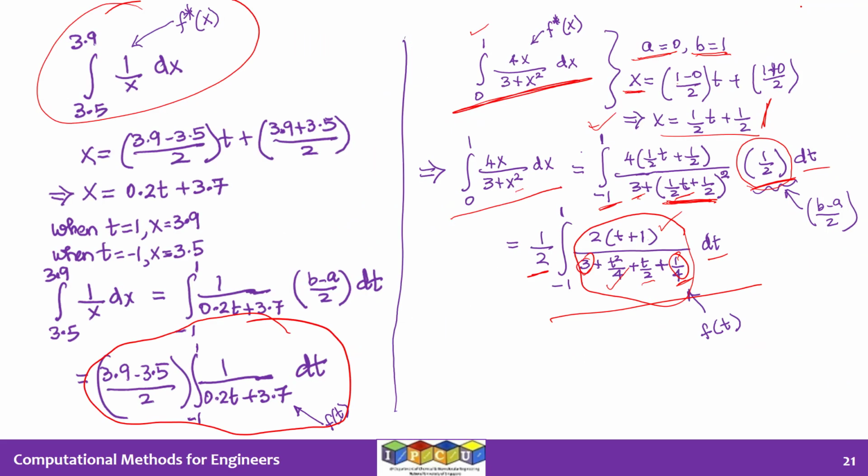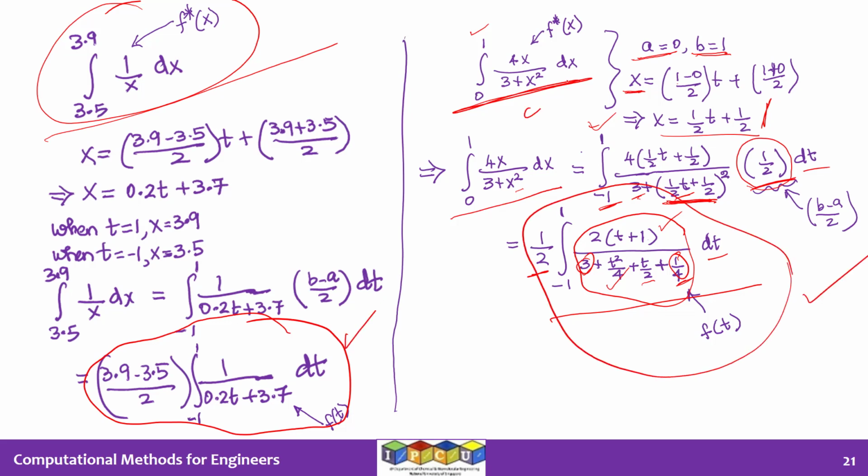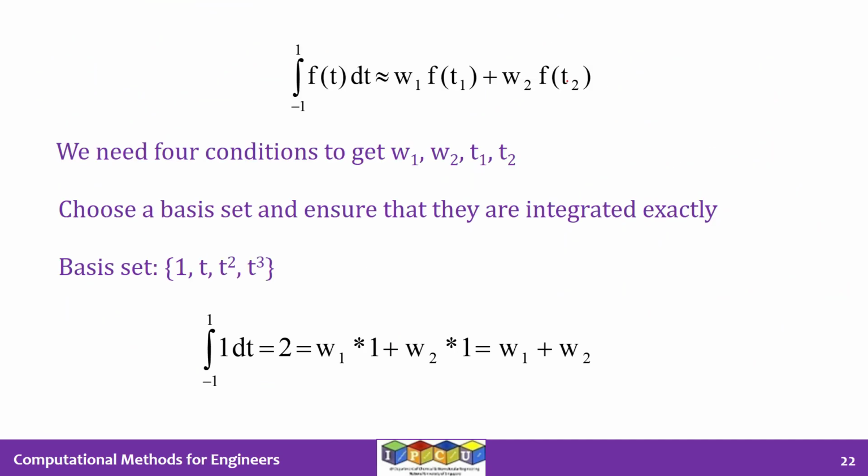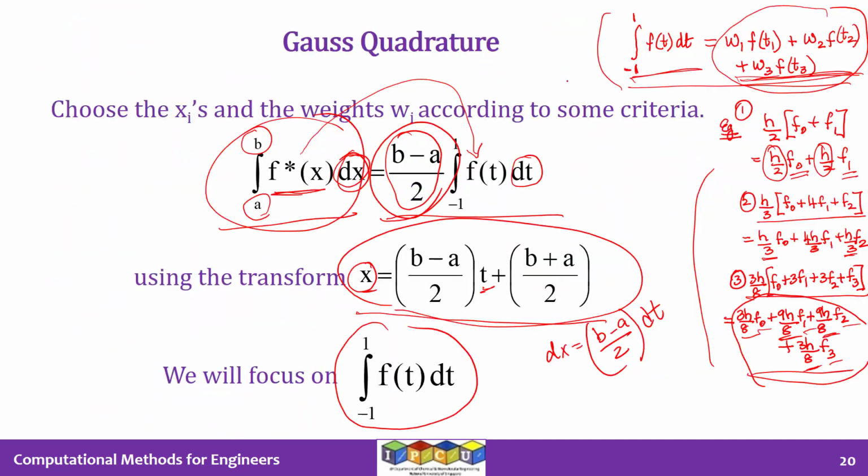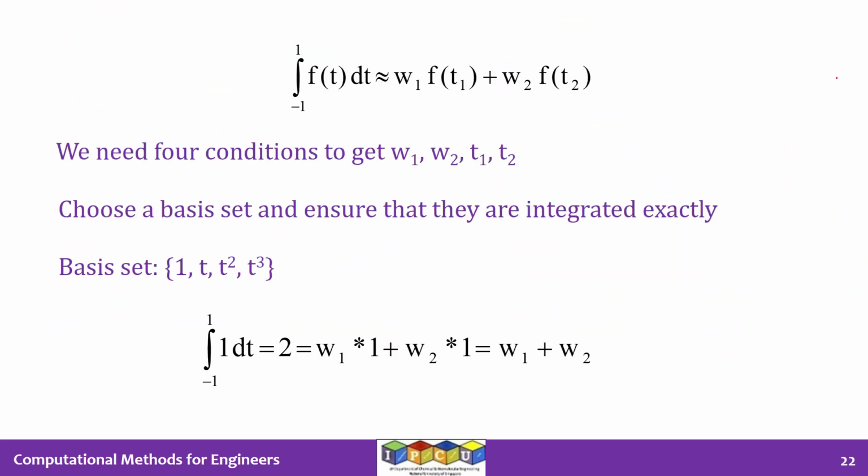So in any case, I have shown that given a problem in X, you can convert it to a suitable problem in T. One example, the second example, right? So now I'm going to focus on the integral from -1 to 1 f of t dt. Even without going to three terms on the right, like I wrote here, I'm going to just take a very simple idea.